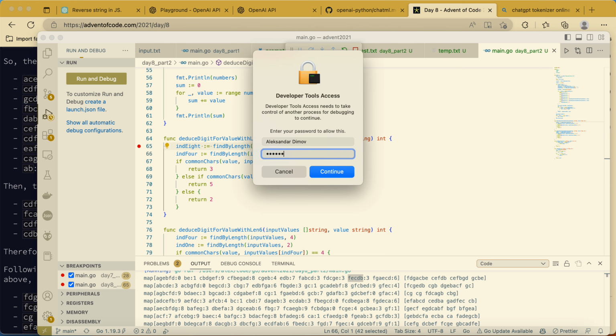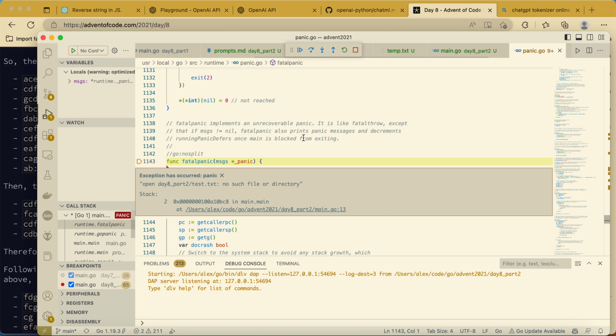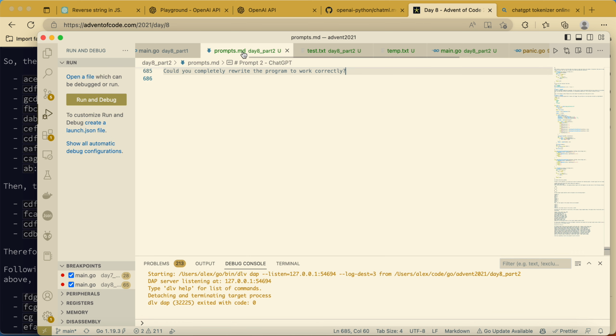Okay, so it's asking for my password. Let's write it. Oh, when I run it like that, I have problems finding the file. Is that because of how the project is starting?